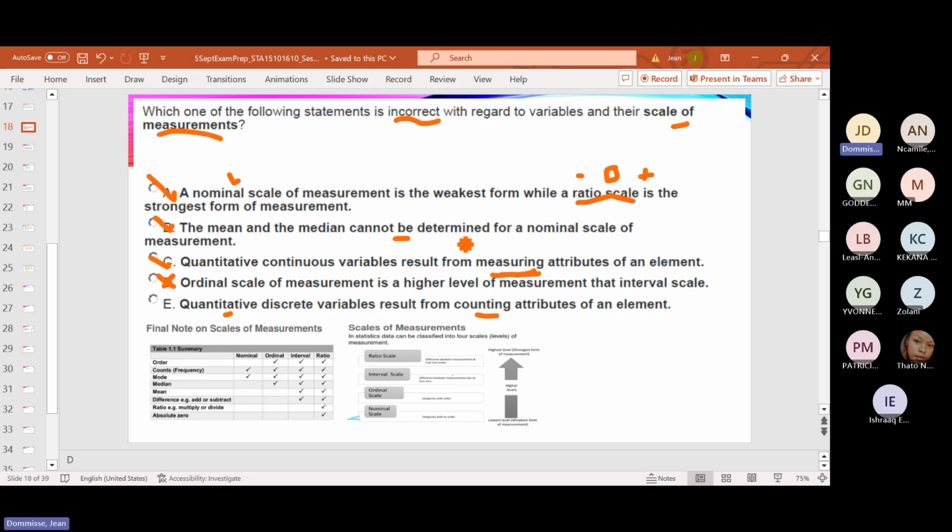This is actually a nice slide to also have with you when you write the exam, because it's nice to have the discrete with the counting, the continuous with the measuring. It might be somewhere else as well, but here you have it in a question, so it can be used quite nicely.